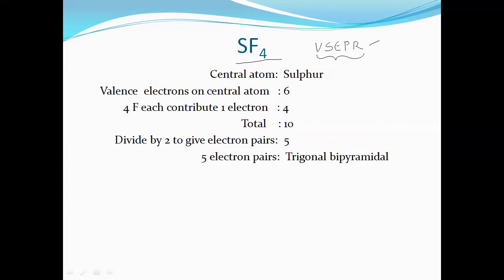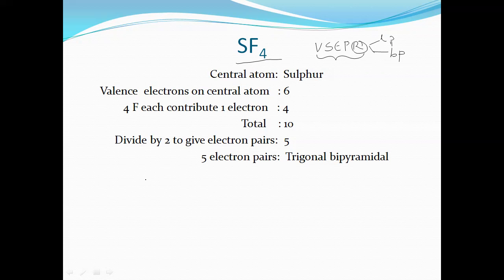That means the repulsions between the lone pairs or bond pairs of electrons present in the valence shell, hence the name. So the theory is totally based on the repulsions between the valence electrons present in the outermost shell.